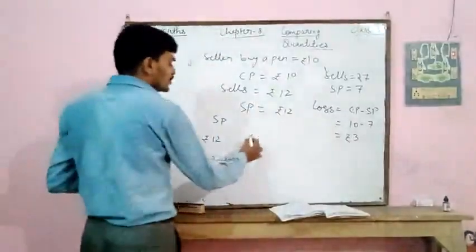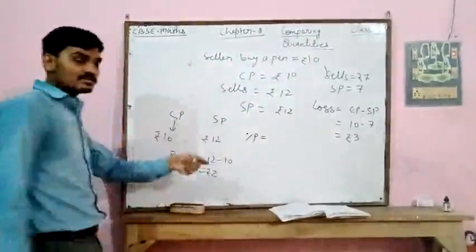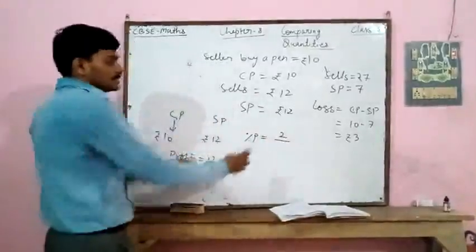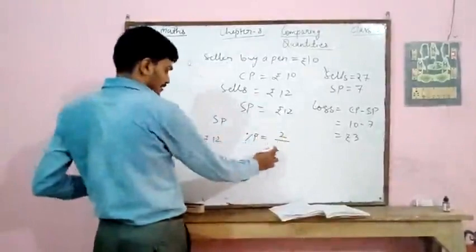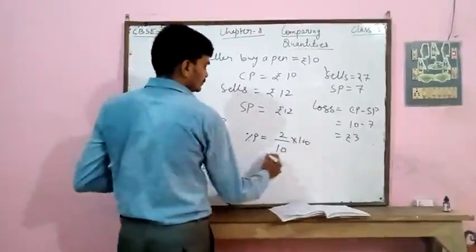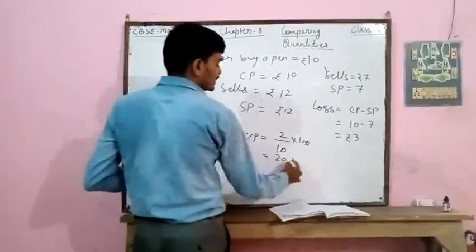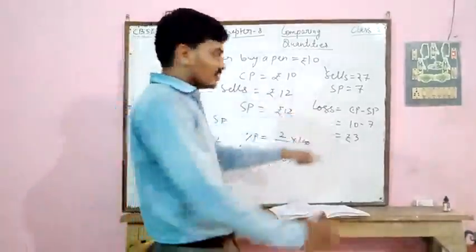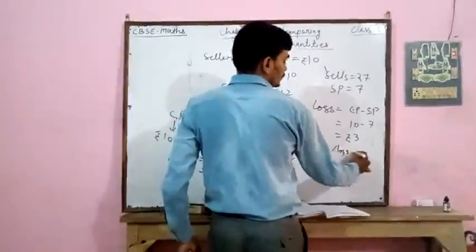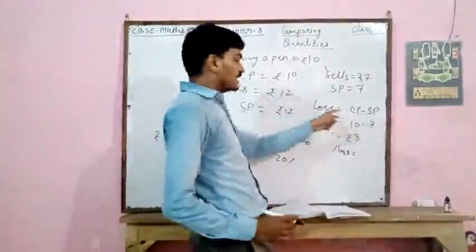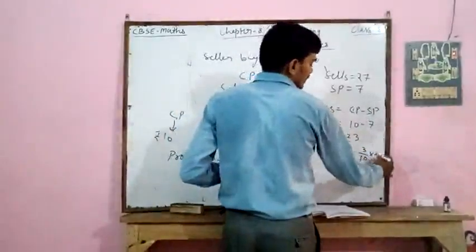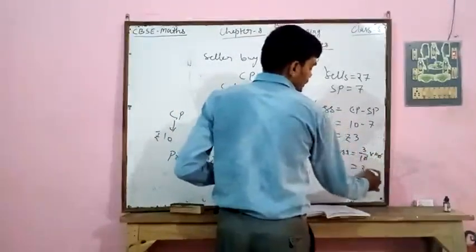Percent profit is equal to profit upon CP into 100, that is 2 upon 10 into 100, which is 20%. And percent loss is equal to loss upon CP into 100, that is 3 upon 10 into 100, which is 30% loss.